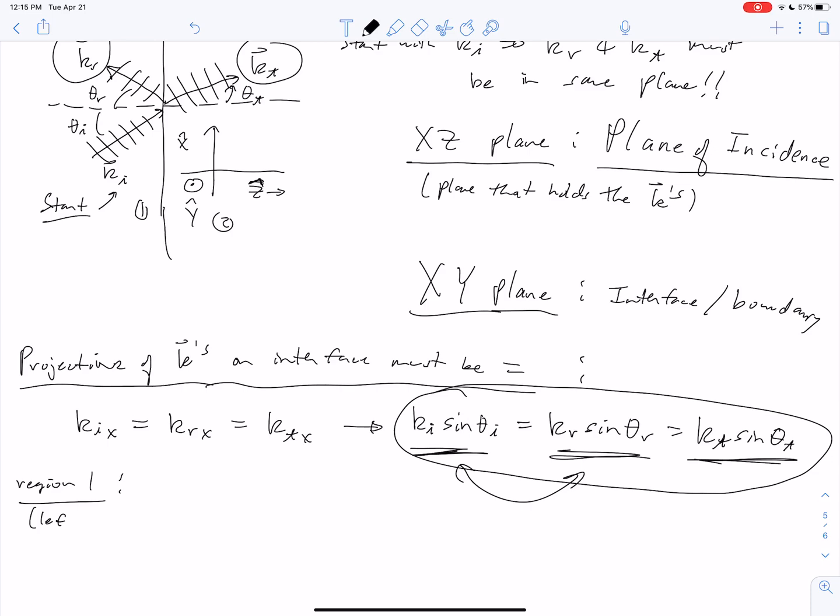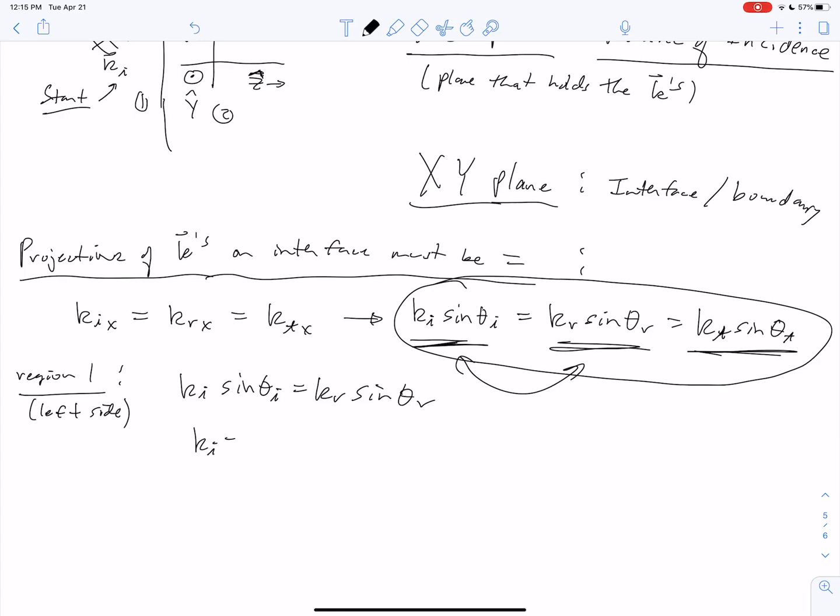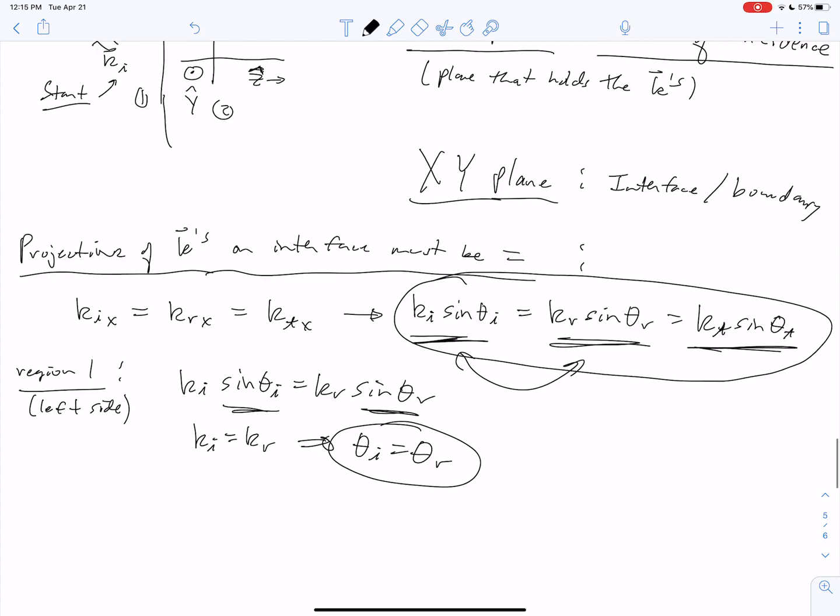On the left side I have Ki sine theta I equals Kr sine theta R. Now we know that on the left side, Ki has to equal Kr. We derived that already. That means sine theta I equals sine theta R, so theta I equals theta R. Oh my God, we just derived a really important thing. This is called the law of reflection.